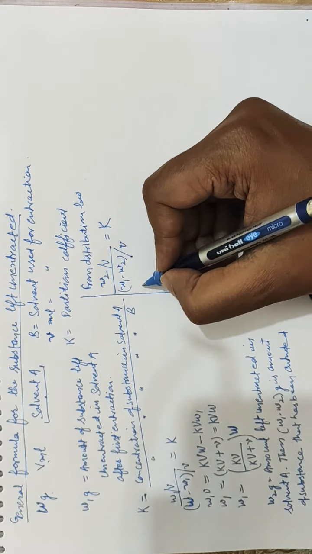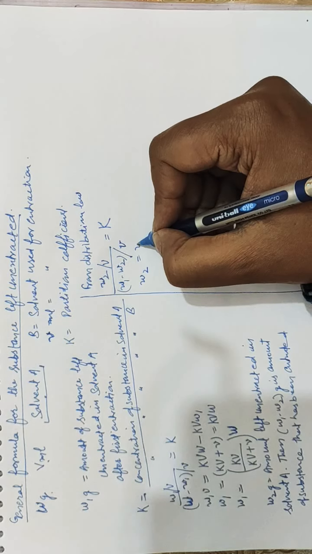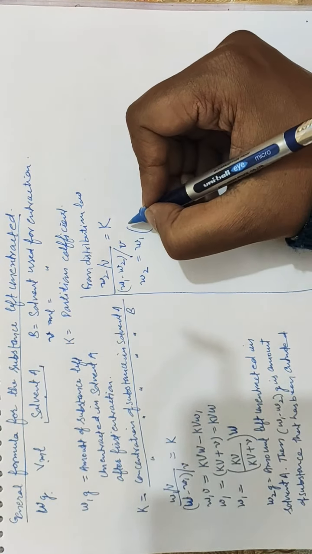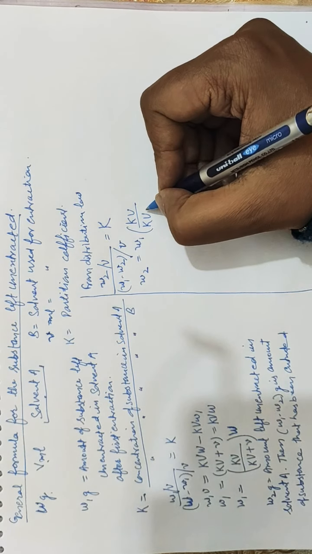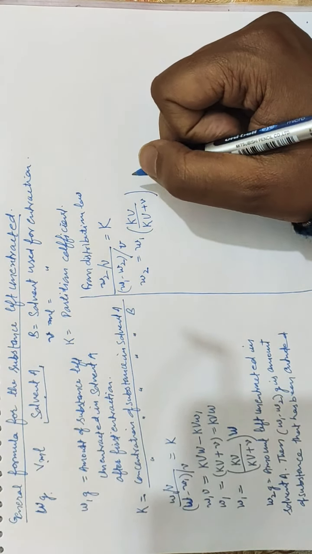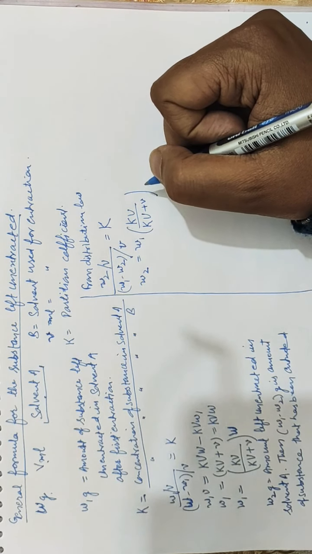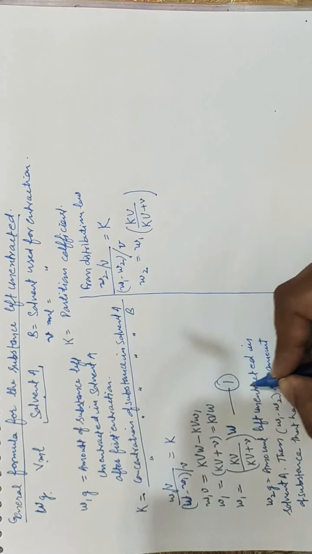Further simplifying, w2 will be equal to w1 into K v over (K v plus V). So substituting the value of w1 from equation 1, and what is equation 1? This is equation 1.